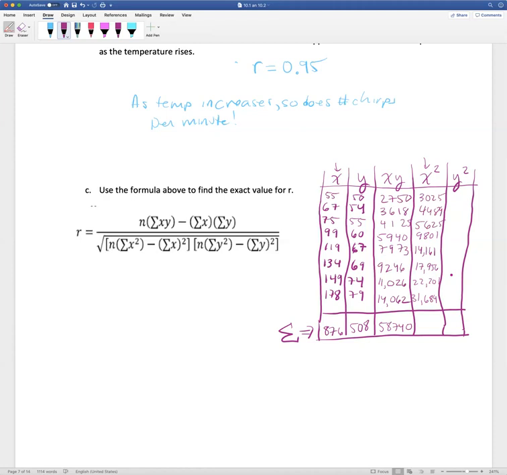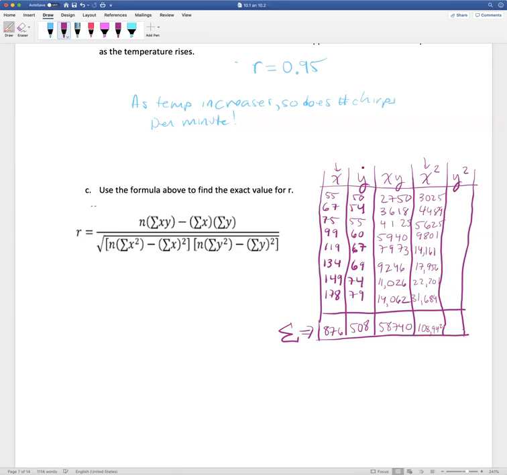Let me just make sure: 3,025, 4,489, 5,625, 9,801, 14,161, 17,956, 22,201. Okay, and I get 108,942. And then let's do one more.